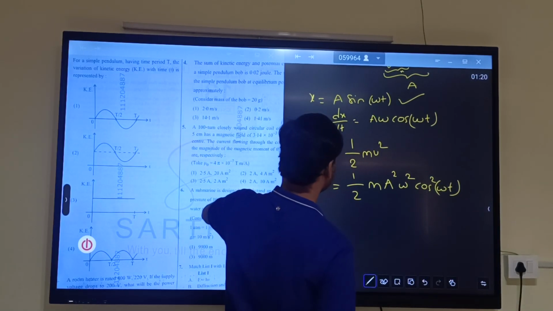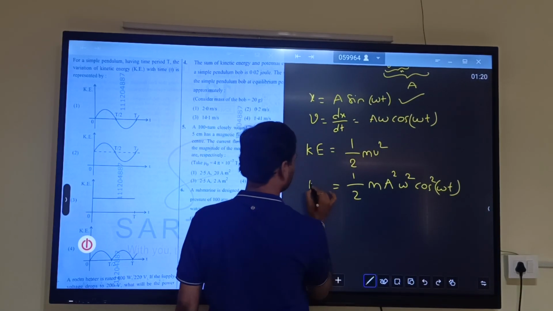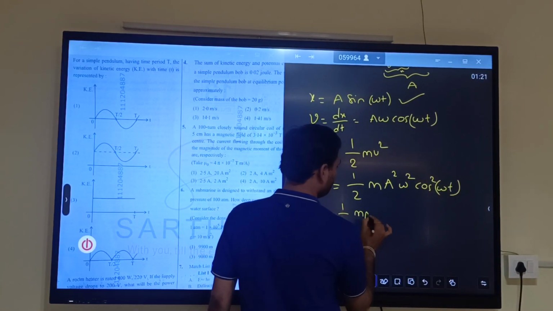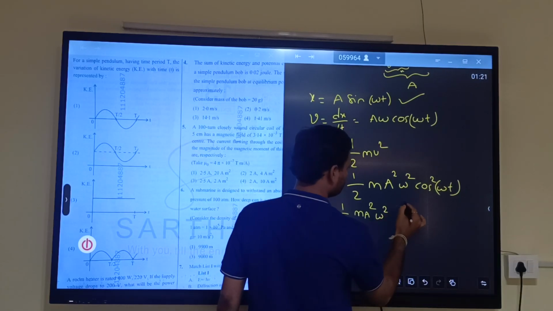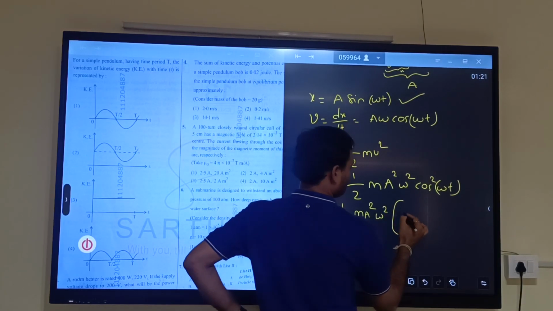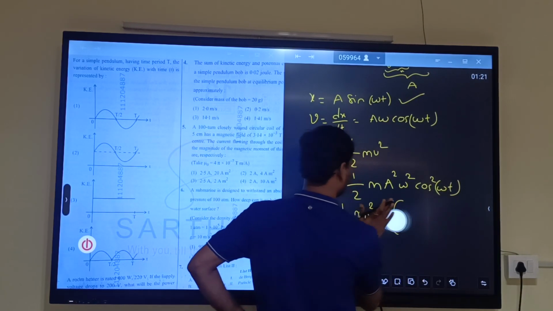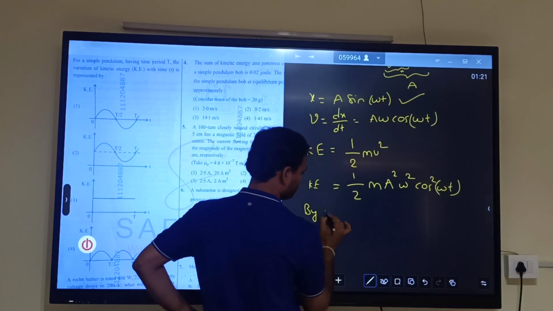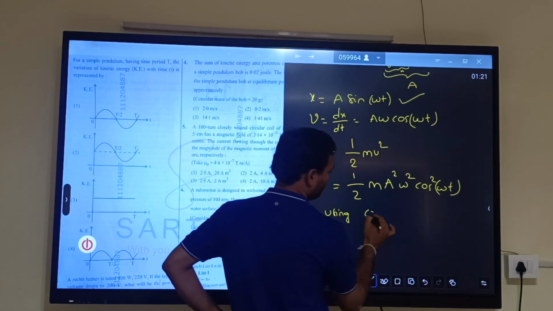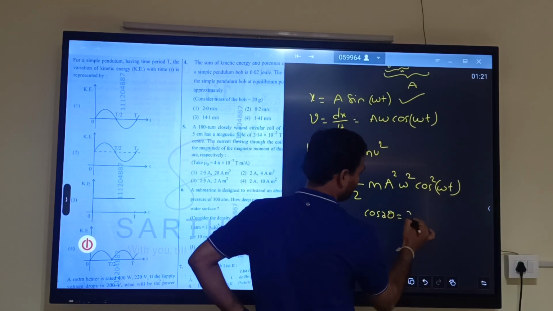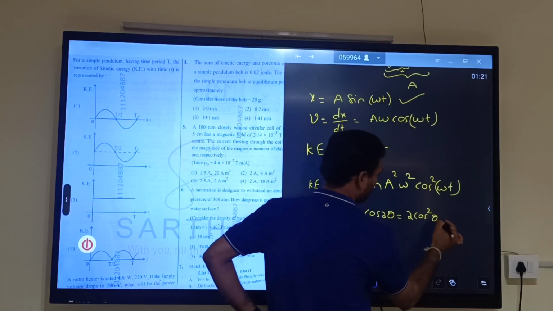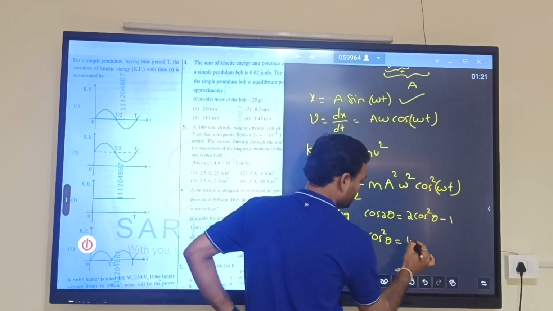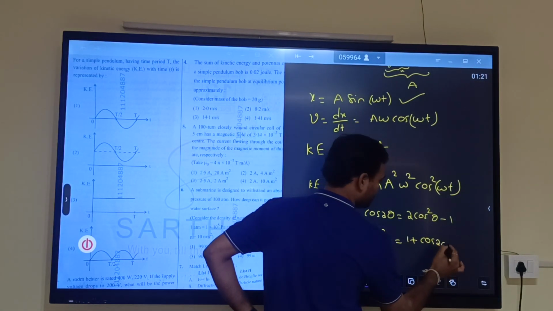Now, see here, we can write it as half m a square omega square. For your clarity I will write one thing: cos 2 theta can be written as 2 cos square theta minus 1, then 2 cos square theta equals 1 plus cos 2 theta.